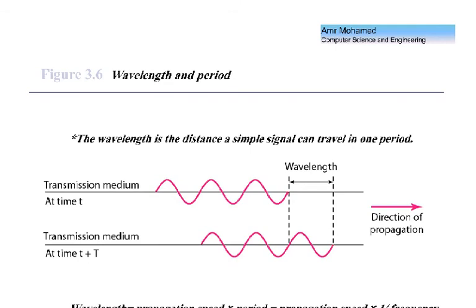So this really depends on the speed that the signal uses to propagate, and that in reality depends on the actual medium. If the signal travels through a vacuum, through the air with actually no particles, then the signal can travel at the speed of light.